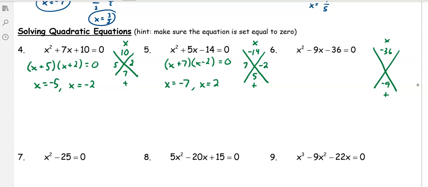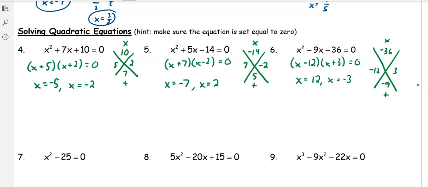What about 4 and 9? Again, if I make one of those negative, that's not going to add to -9. What about 12 and 3? Well, 12 and 3 would add to -9 if 12 is negative and 3 is positive. So we would have x minus 12 times x plus 3 is equal to 0. When we switch our signs, x is 12 and x equals -3.